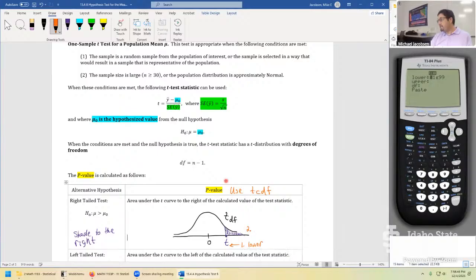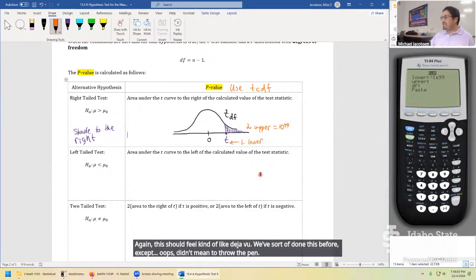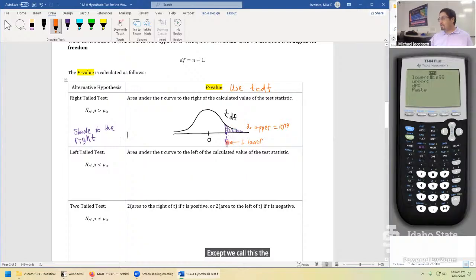Because we're shading to the right, input 2, upper, is 10 power 99 in that specific test. So that's what would go in those locations. Again, this should feel kind of like deja vu. We've sort of done this before, except we called this the N01 distribution, and we called that Z instead of T.